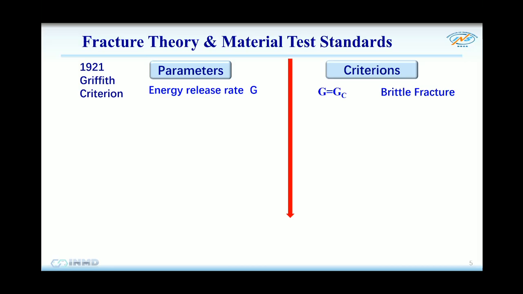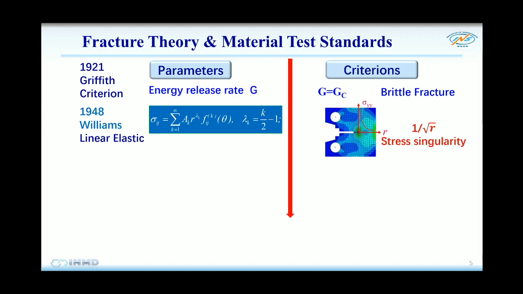The Griffith criterion gives the energy release rate for brittle material fracture, and also Williams gave the linear elastic solution for the crack problem.